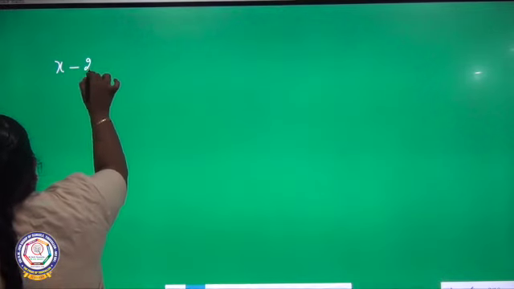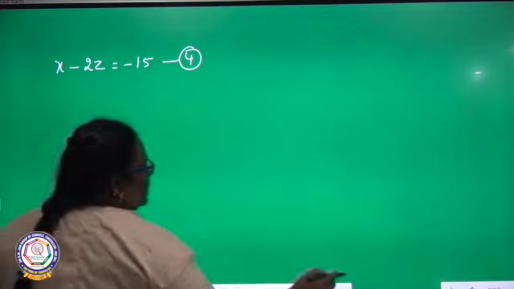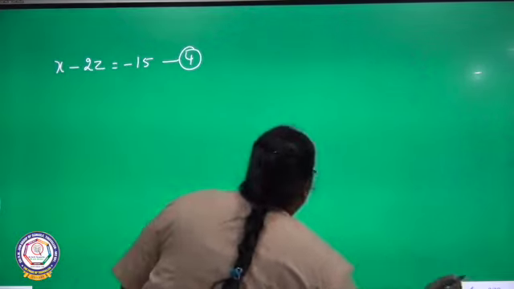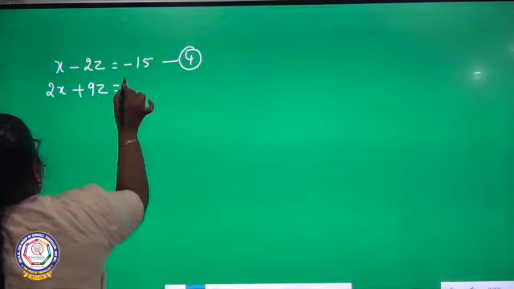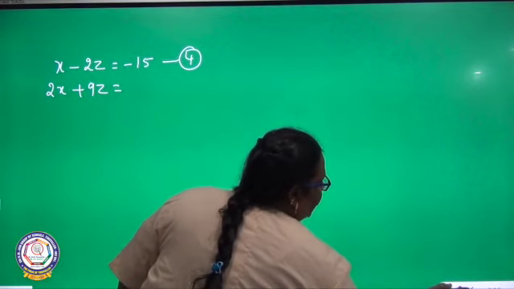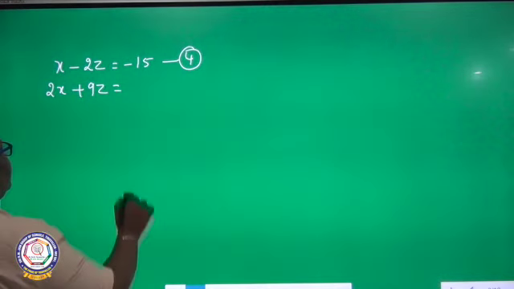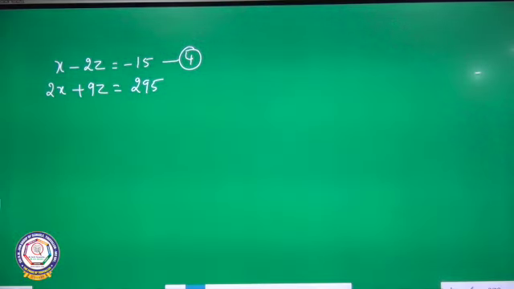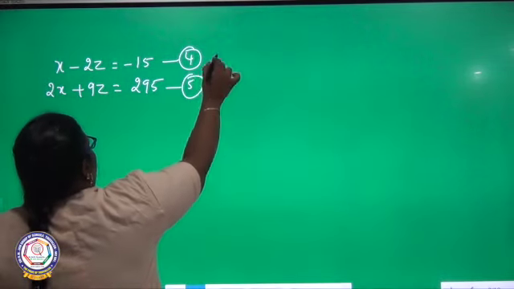The fifth equation is 2x plus 9z equal to 295. I want to cancel the value of x.